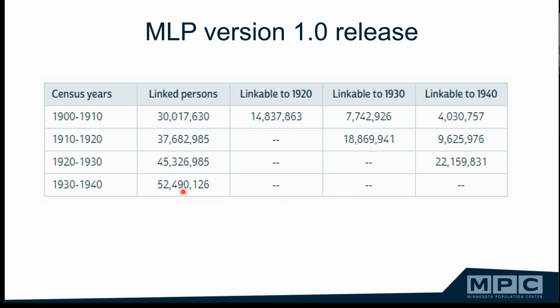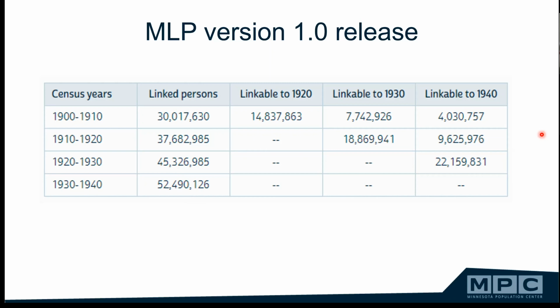And you can see that it's also obviously possible to link them further. So you can use the 1900 to 1910 links to link to 1910 to 1920 links, and so forth. So if you were interested in, for example, examining individuals from 1900 through 1940, we could at this very point offer you 4 million individuals to study.